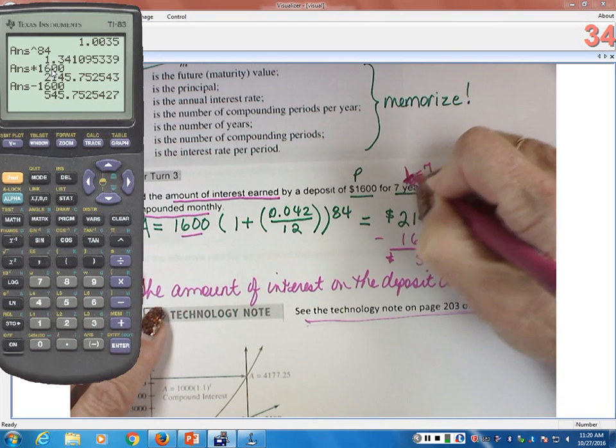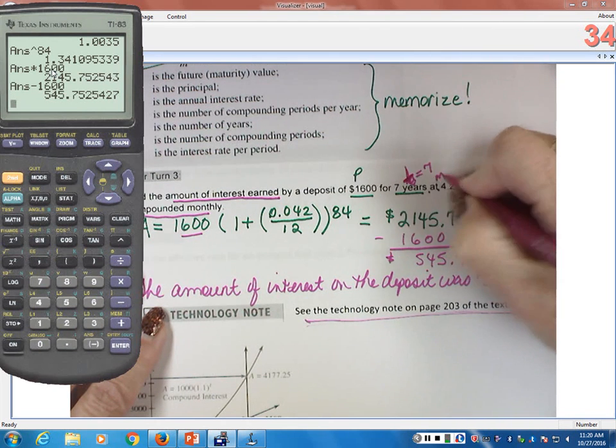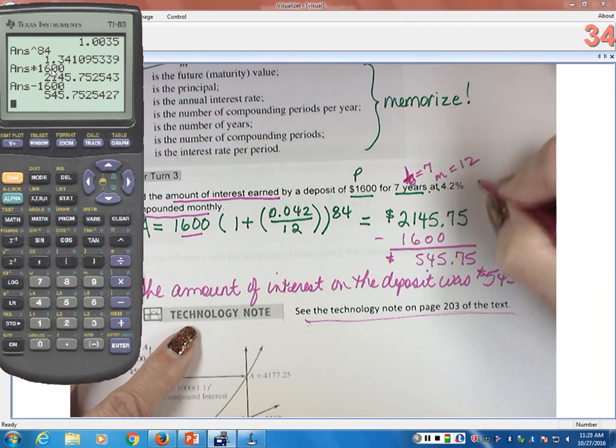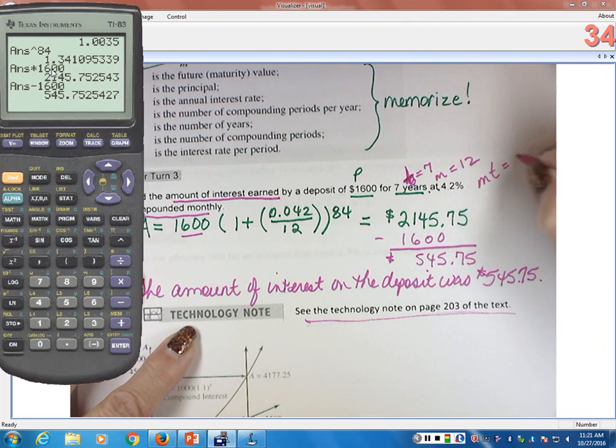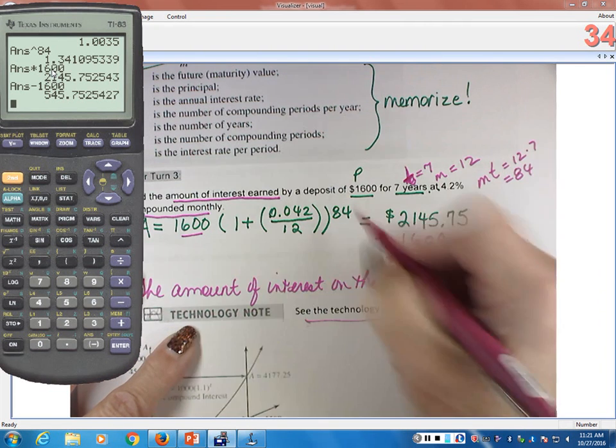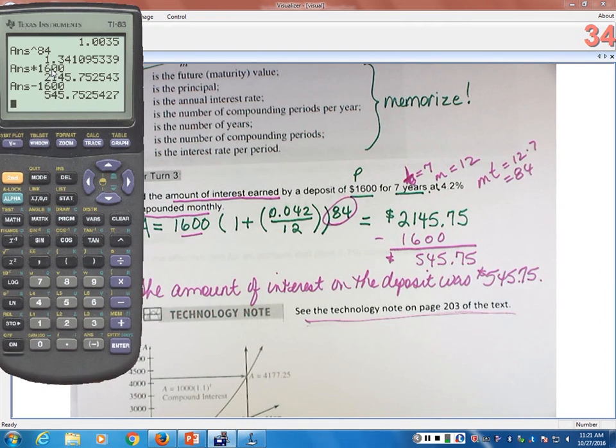Yes. Okay. So T is equal to 7, M is equal to 12, so M times T is 12 times 7, which is 84. Okay? If it was compounded yearly, you wouldn't have to do that, but they're compounding every month.